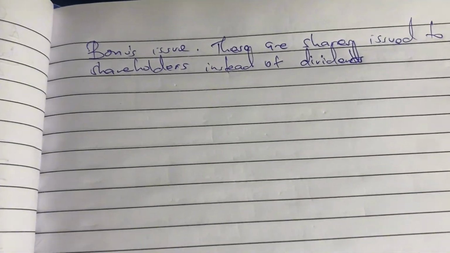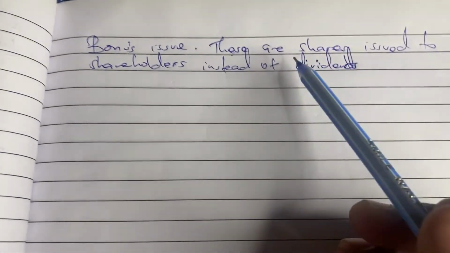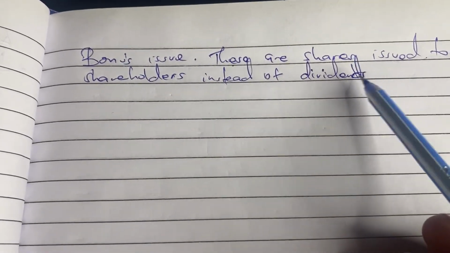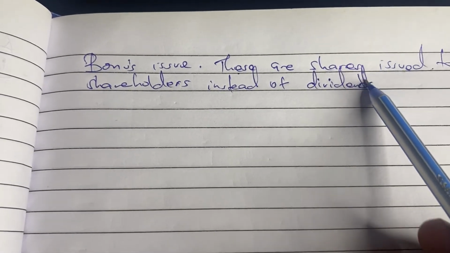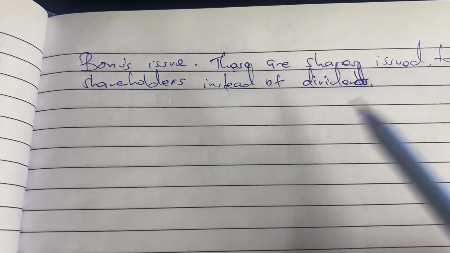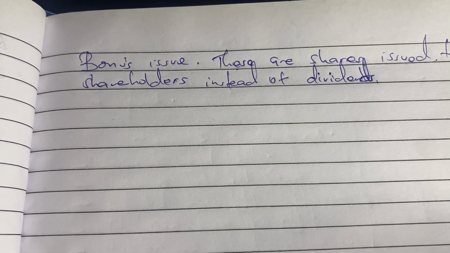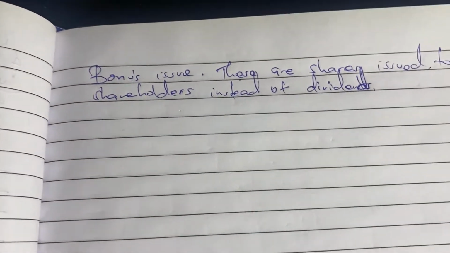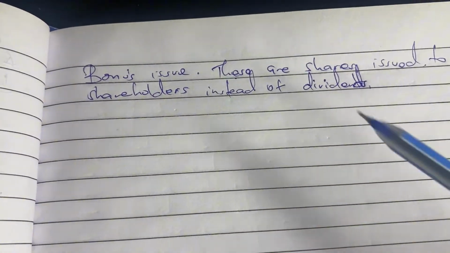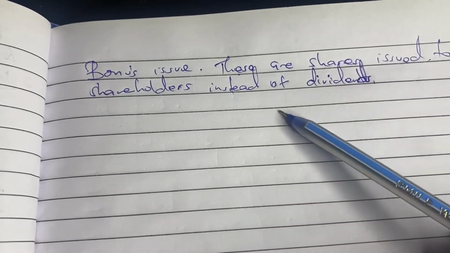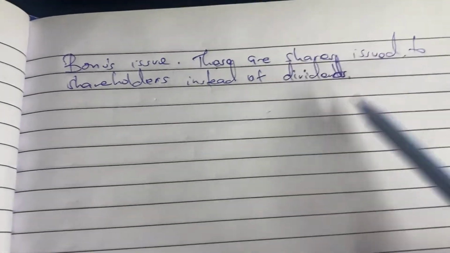So sometimes the company can decide to add the shareholders more shares instead of giving them dividends. Dividends is that money that is usually given to the shareholders at the end of the year for owning shares in the company. So it's like sharing part of the profits. So these are shares issued to shareholders instead of giving them dividends.